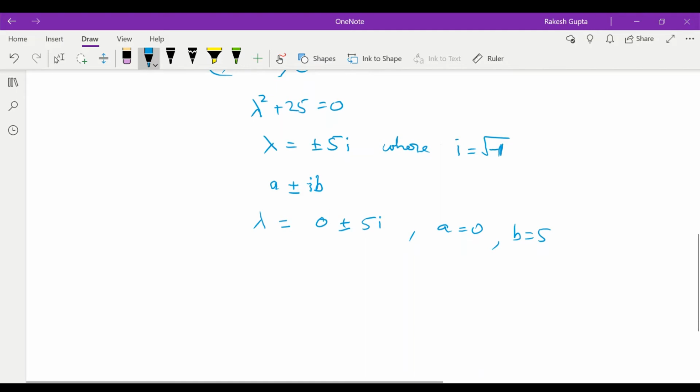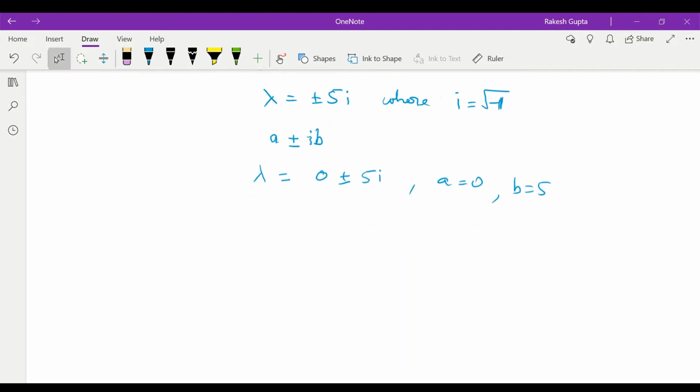Now the solution for the homogeneous part will be given by e power at multiplied with A cos bt plus B sin bt.